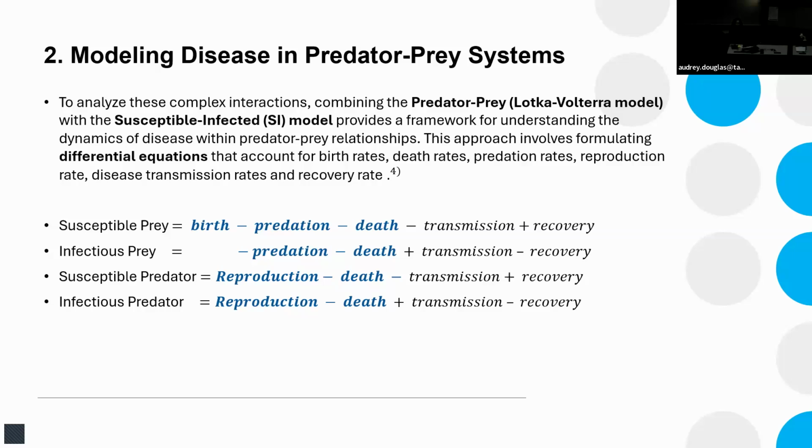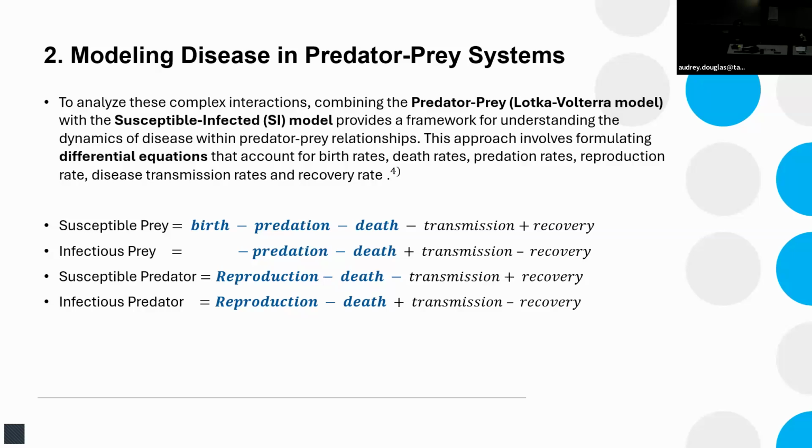These account for birth and death and predation rate and reproduction and disease transmission and recovery rate. So when you see the first one, susceptible predator increased by birth rate and then recovery rate, and reduced by predation rate and death rate and disease transmission rate.